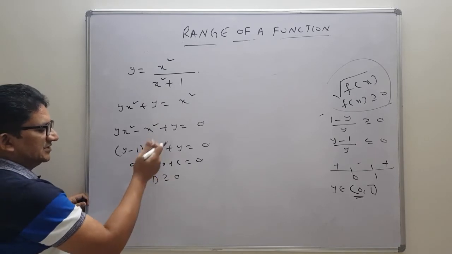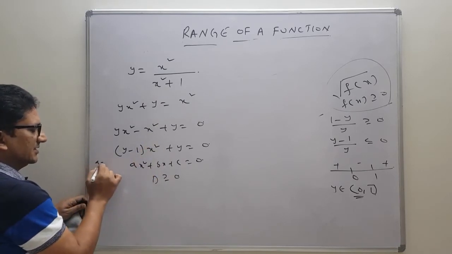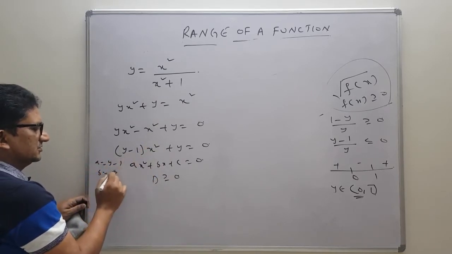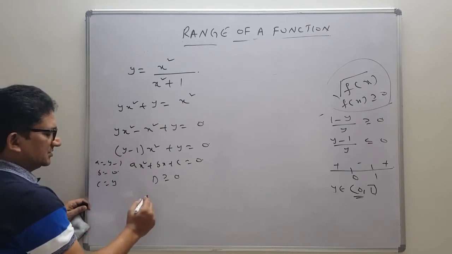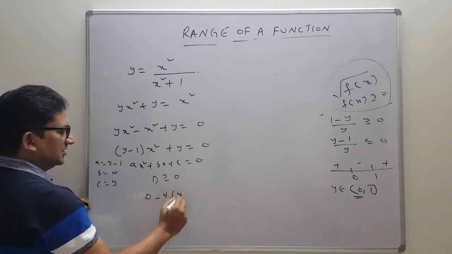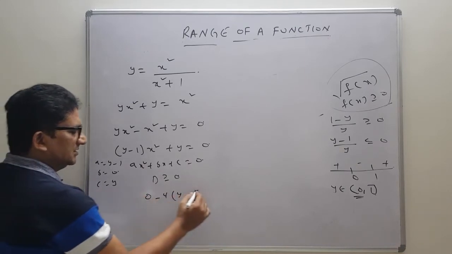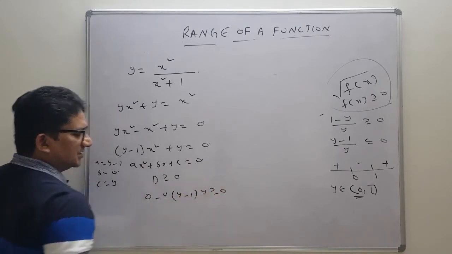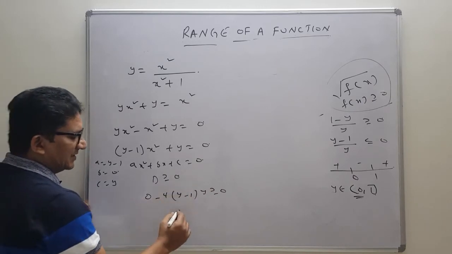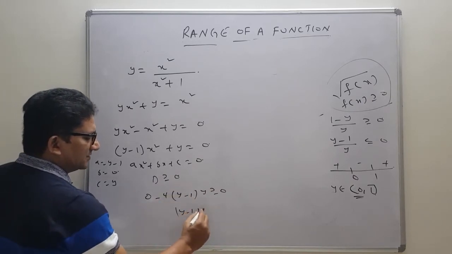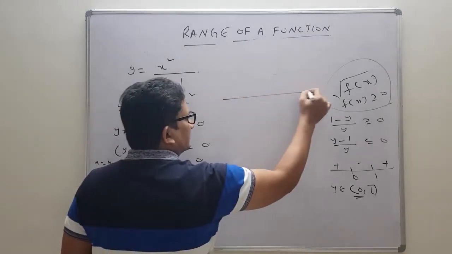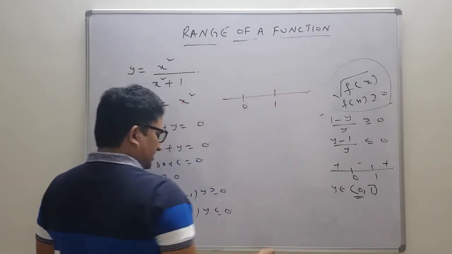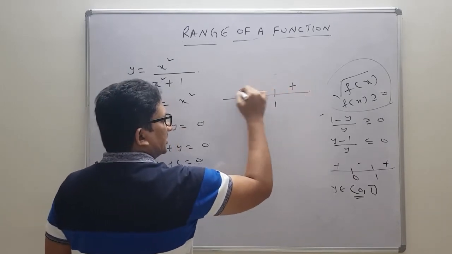So discriminant is b square minus 4ac. Here a is y minus 1 and b is 0 and c is y. So b square means 0 minus 4 into a, which is y minus 1, and c is y, is greater than or equal to 0. If you multiply by minus, then we will get y minus 1 into y is less than or equal to 0. So here we will get two roots, one is 0 and other one is 1. And here positive, negative, positive.